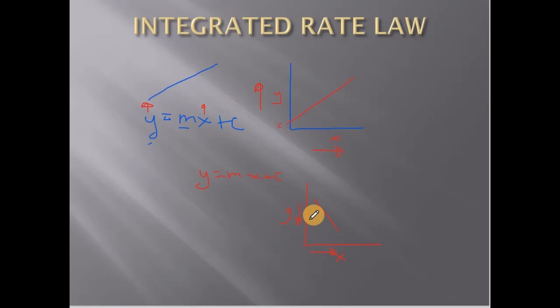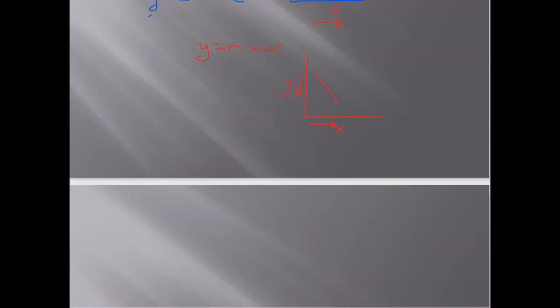Now the rate of a reaction or the rate law can be integrated to have a linear equation which you can use to predict the rate constant and the order of the reaction. So the integrated rate law helps to determine the order of the reaction as well as the rate constant K. Now we will do a bit of integration here.